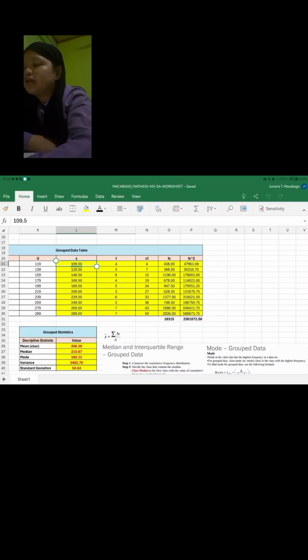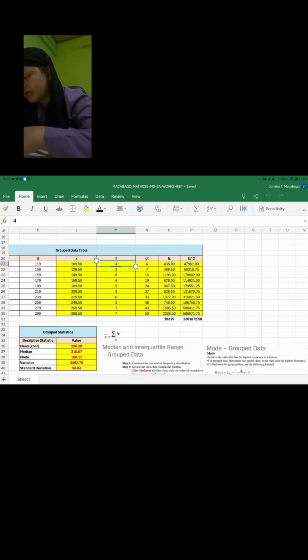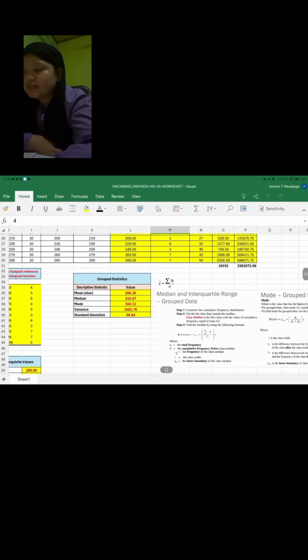You're just going to square the midpoint: 109.5 times 109.5, you get 11,990, times the frequency of 4, and you get 47961. Then the same for the rest.